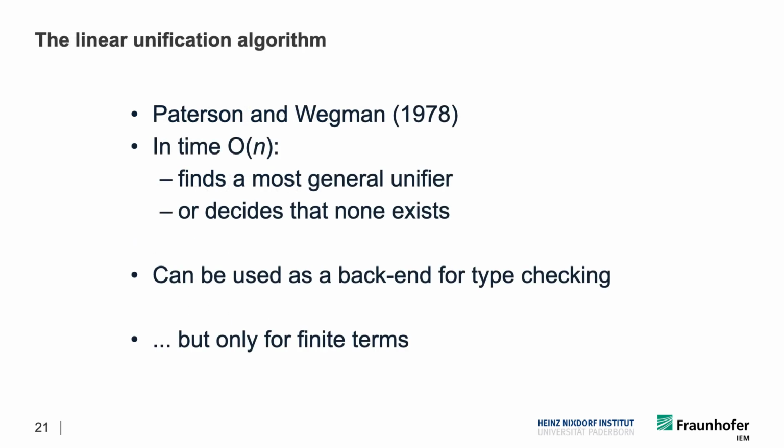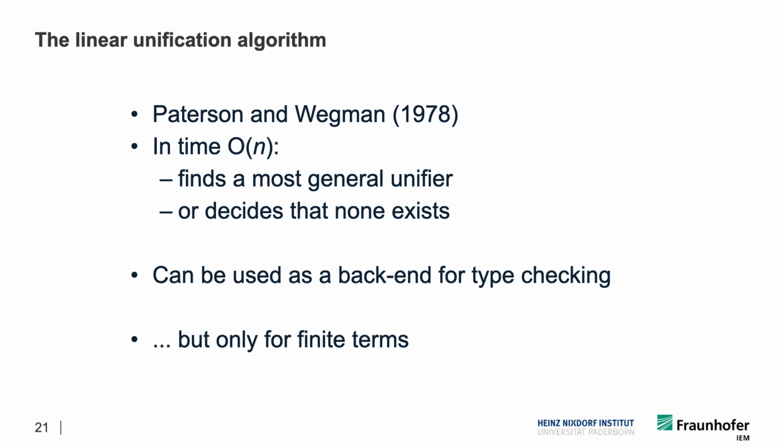We will then, after a break, be discussing the linear unification algorithm. So that's probably the most basic and foundational algorithm in the space, by Paterson and Wegman. It's really nice because it runs in linear time and it finds the most general unifier or decides that none exists, right?